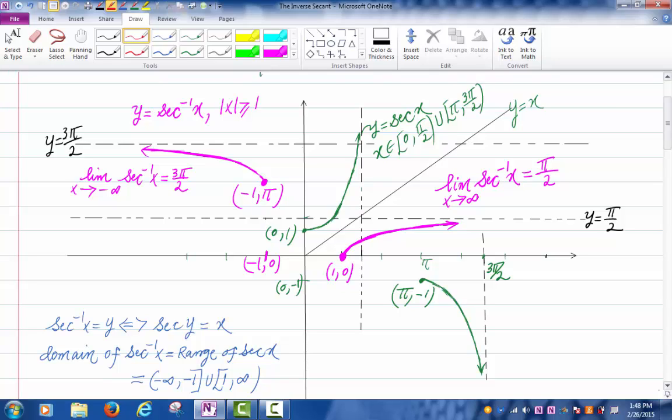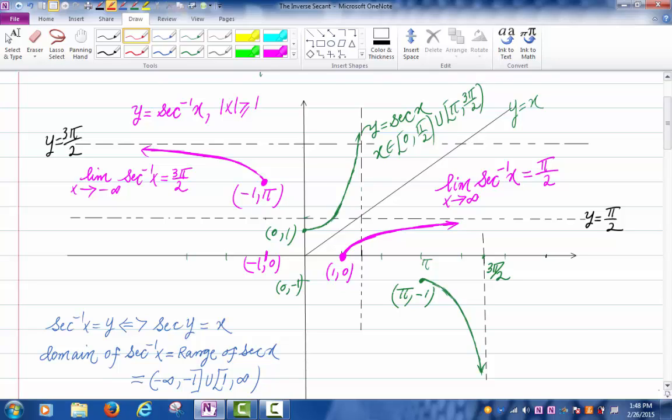However, it doesn't lose any of the range values. Am I making sense? So we are picking a domain for the secant function where it is one-to-one, but it still has the same range.